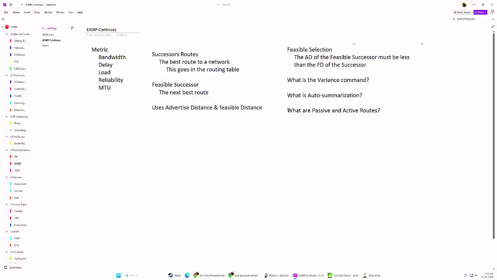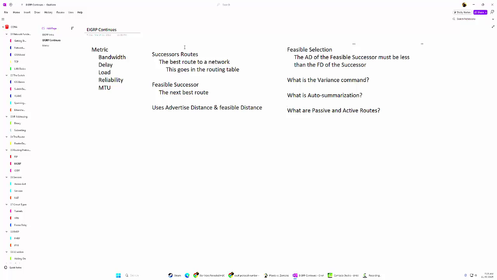Okay, all right, so hang on. And passive routes and active routes. Okay, so here's the thing. Your auto summarization. We're not going to talk about passive or active routes at the moment.